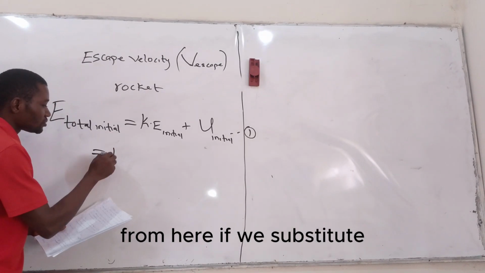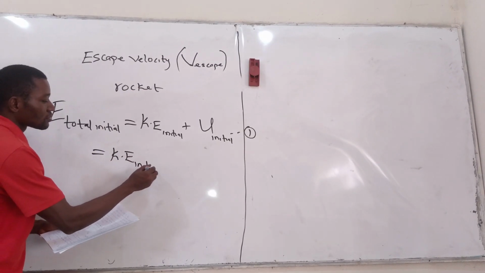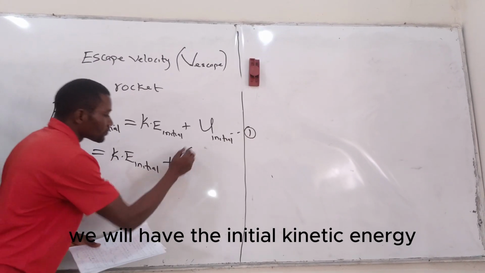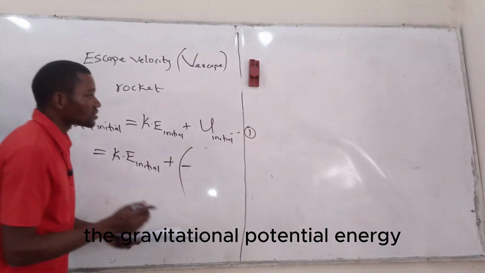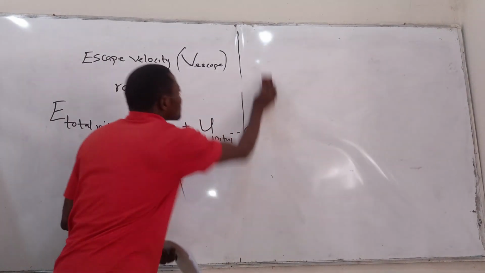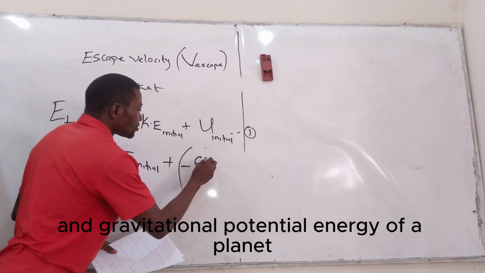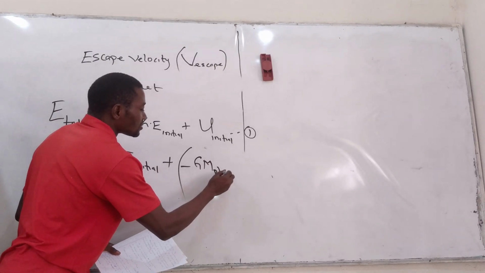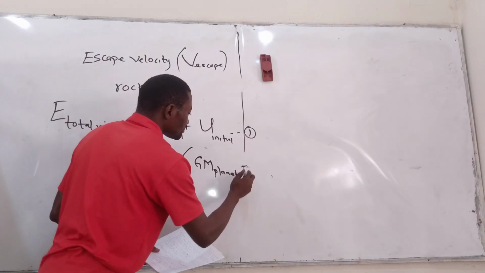From here, if we substitute, we will have the initial kinetic energy plus the gravitational potential energy. And the gravitational potential energy of a planet is given by this expression.